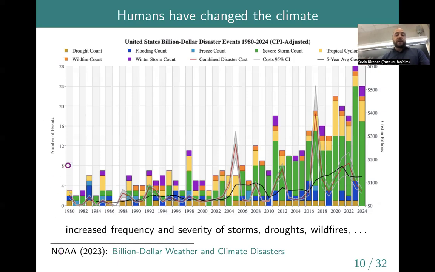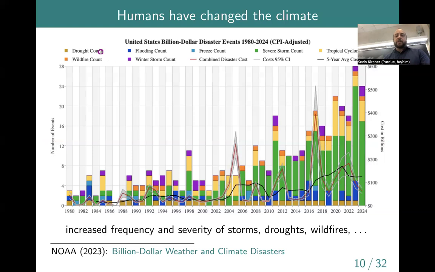This is a graph made by the National Oceanic and Atmospheric Administration, NOAA. On the left-hand y-axis, we have the number of events, basically natural disasters, that cost at least $1 billion. This is adjusted for inflation, so this is in today's dollars. And on the right-hand axis, we have the cost of those disasters.